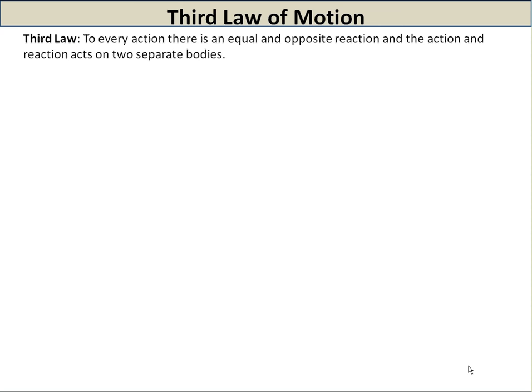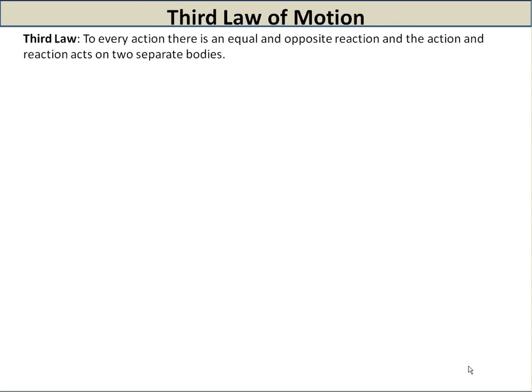A force acting on a body is always the result of its interaction with another body. Let's take a few examples. Suppose you kick a football. This kick launches the ball on its trajectory because you exert a force on the ball.